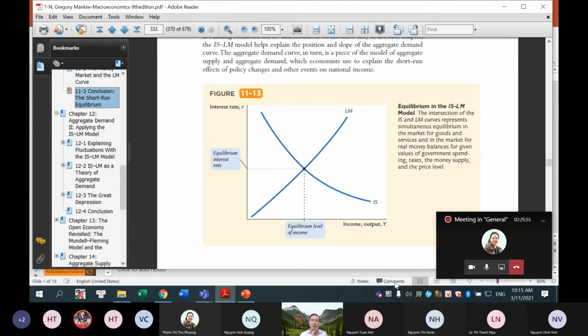Does it affect the LM curve? The LM equation will shift to the right. Why do I think so?